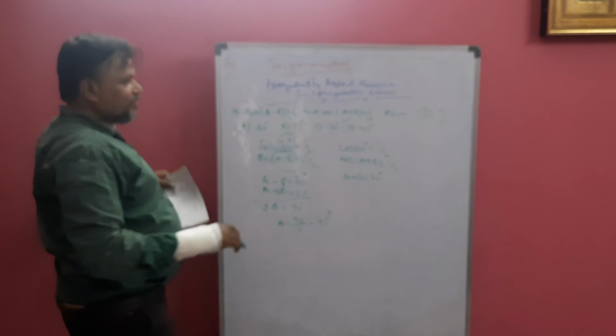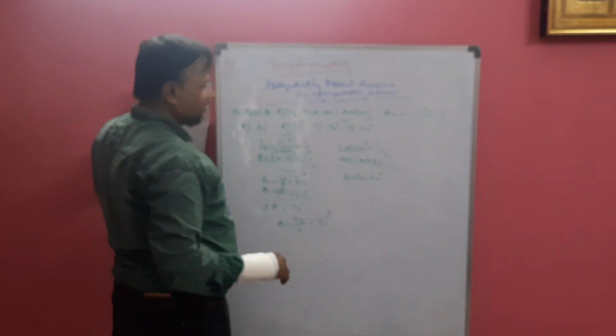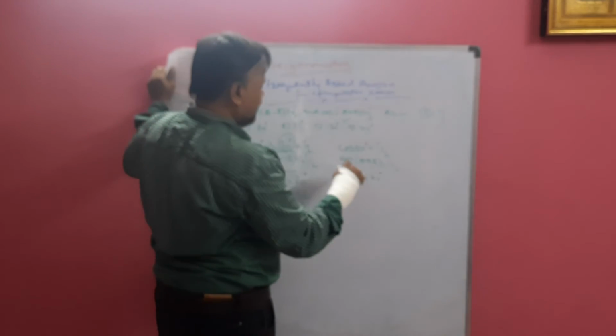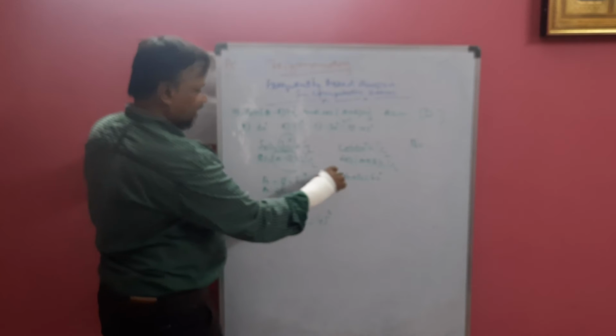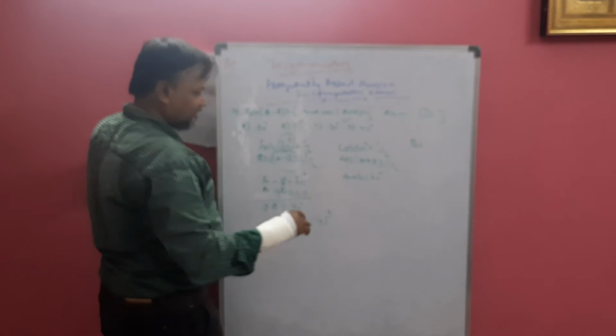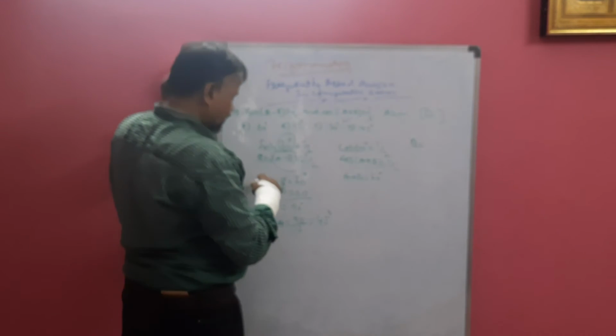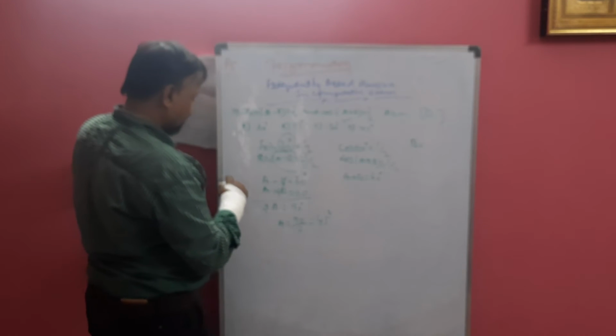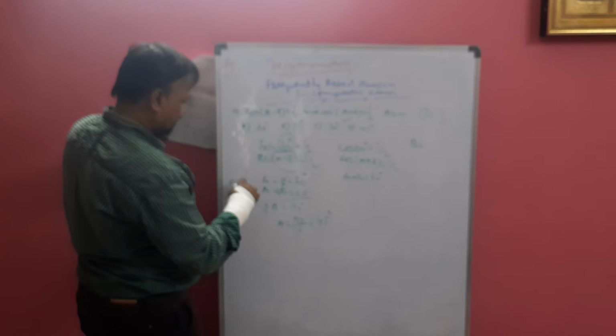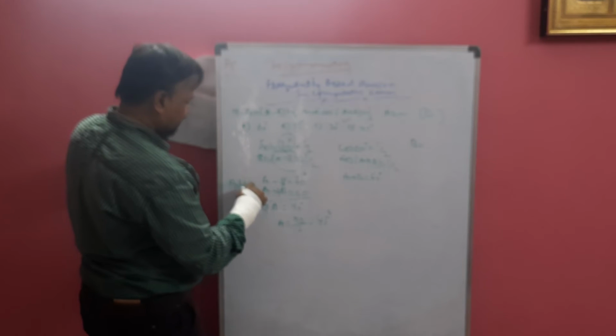Similarly, we can find B also. Somewhere one question you will get, find the B value. Similarly, again we have to subtract here. A plus B is 60. Addition we have done.